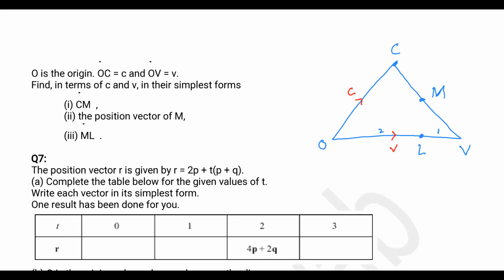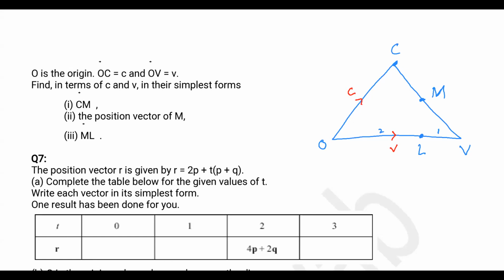Yes, Stara wants to tell. Yes, Stara. Sir, we can find CV by doing OV minus OC, and after we have CV, which is V minus C, we can use it to. Yes, you are right. You are right, Stara.